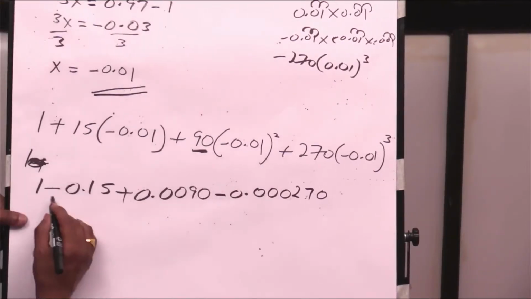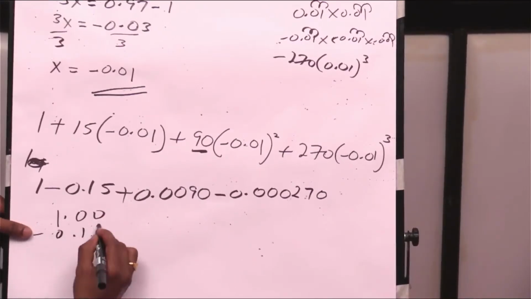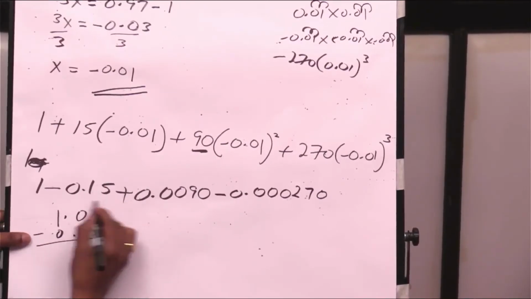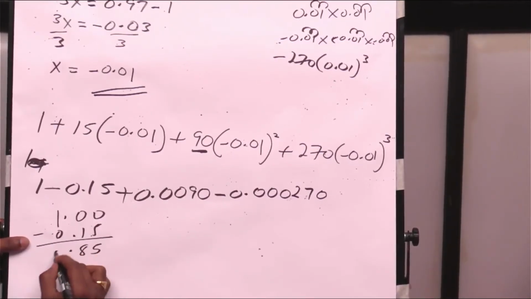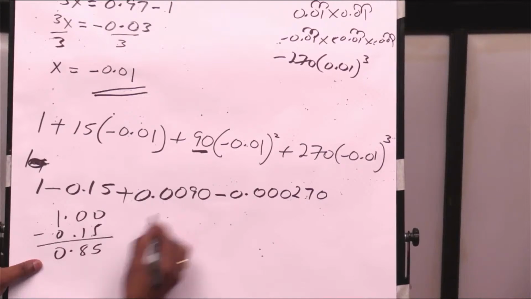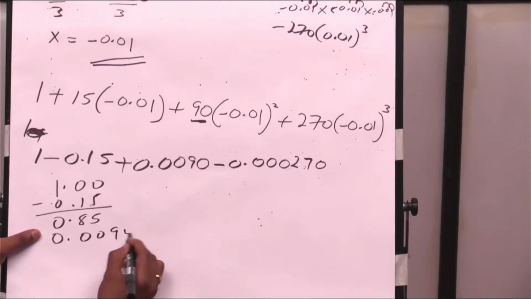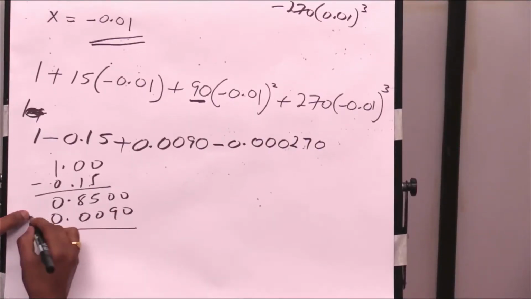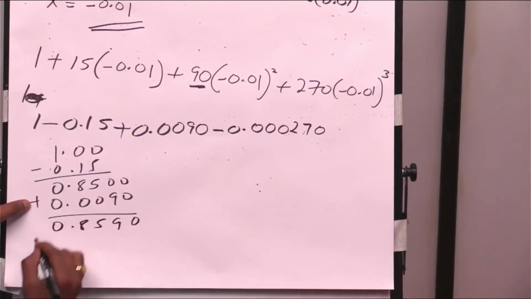Then expand this: 1.00 minus 0.15. When you subtract these two, it becomes 0.85. Then add this 0.0090. When you add this, 0.8590.